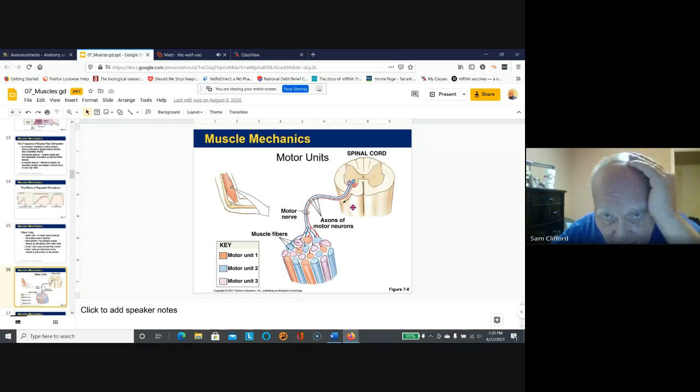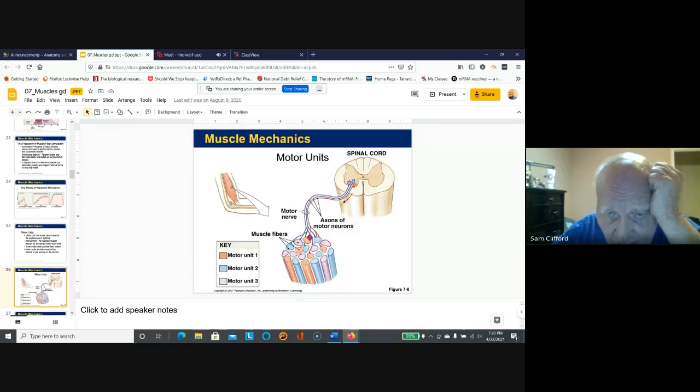Okay, if you look at a muscle, there are multiple nerves from the spinal cord that go to all of your voluntary skeletal muscles. All the fibers have to be connected to nerves because they only contract when they're stimulated. So motor units are the muscle fibers that are connected to one nerve with multiple extensions. If you look at your eye muscles, you may have one nerve connected to a very small number of muscle fibers.